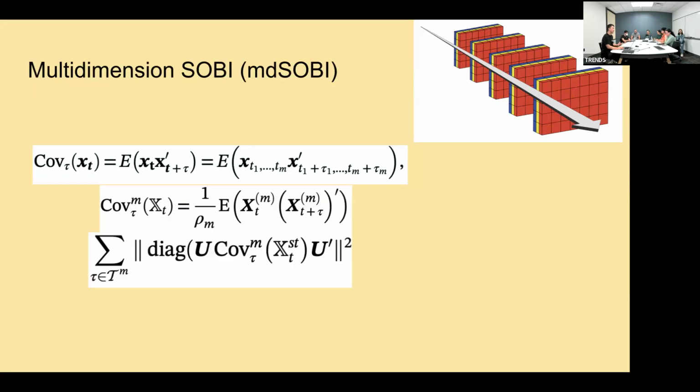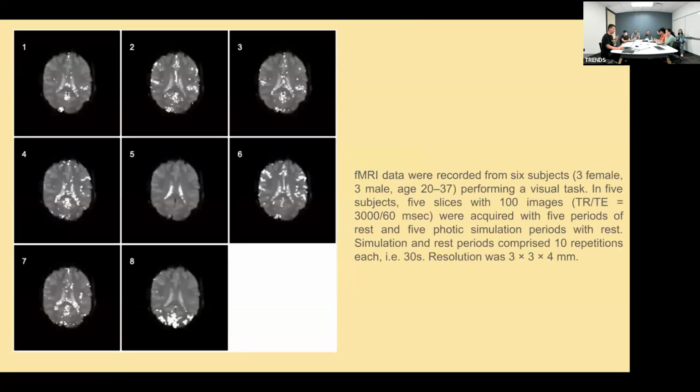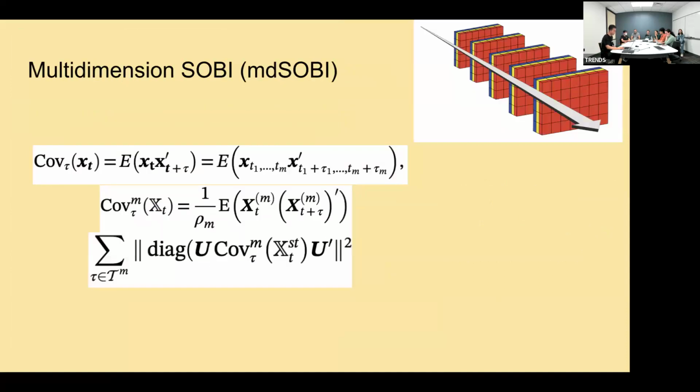And here's a result from the paper. I list it here not to say how they performed on the fMRI data. I want to mention something else. There's some information about the data, and what they're doing is tensor level multiplication based on this.